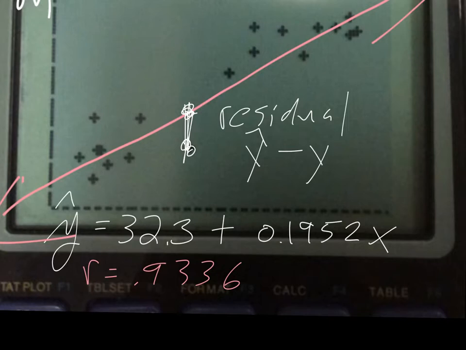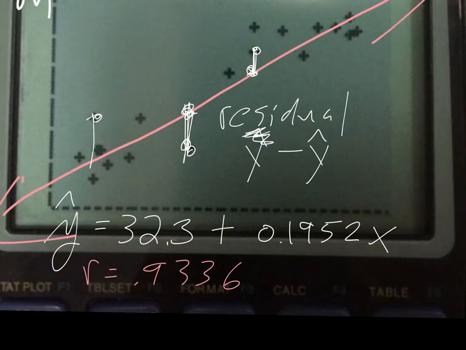Sorry, it's the other way around. It's y minus y hat. A point below the line will have a negative residual because its predicted value is larger than the actual value. A data point that is above the line, that one right there, will have a positive residual.